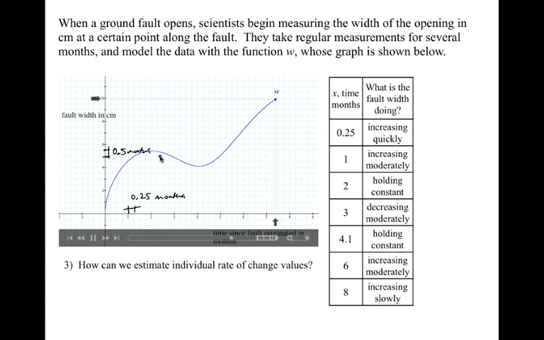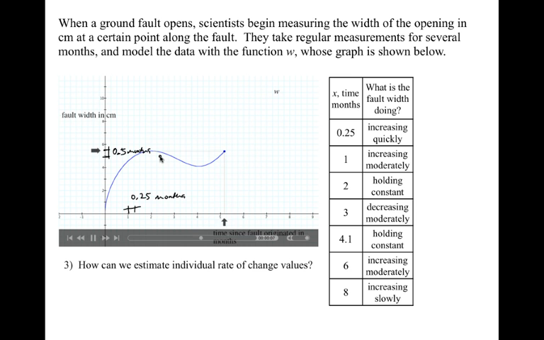Do you agree with that? 2, because... Don't doubt yourself. Just because he said one thing, go with what you got. Because why? Change in y over change in x, right? Change in y is 0.5. That was what I told you one change was. Change in x is 0.25. So it should be about 2.